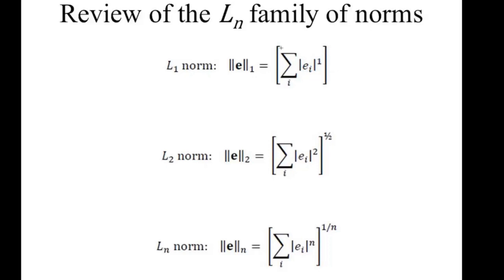I'll repeat it: we take the individual element E1 to the power 1, plus E2 to the power 1, plus E3 to the power 1, and so on up to the last element. This is what the L1 norm is.